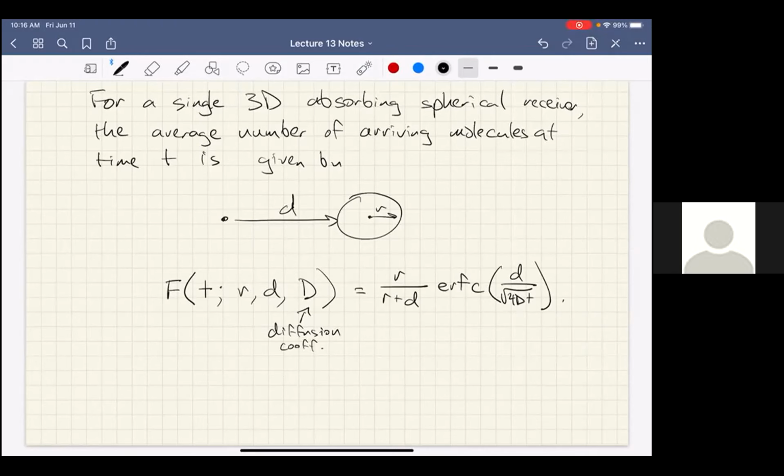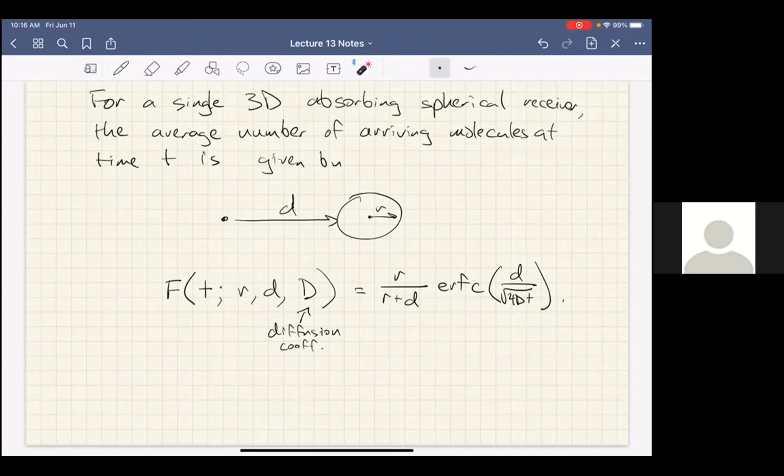Okay, so now we know basically this is in some sense the impulse response of the system. If you release molecules from here at time 0, the number that you will receive is given by this, R over R plus D, erfc, D over root 4 Dt.